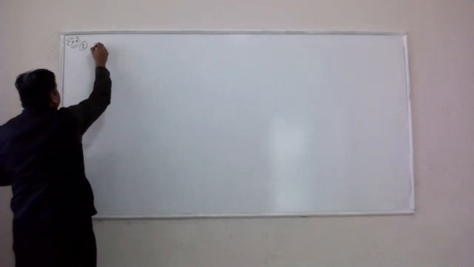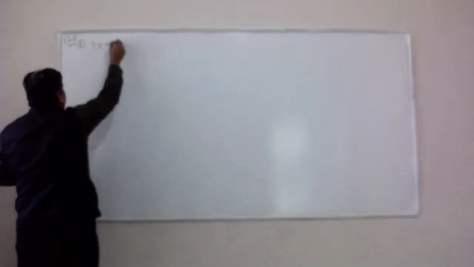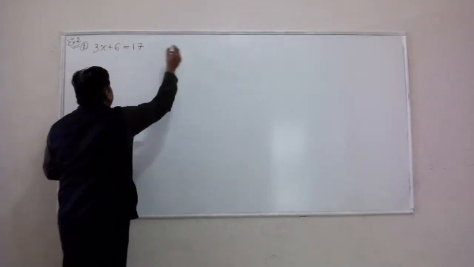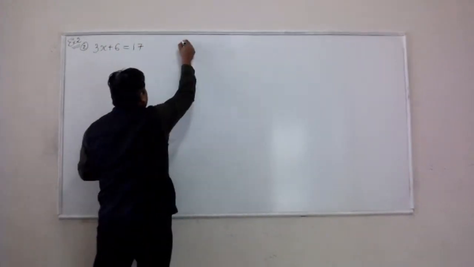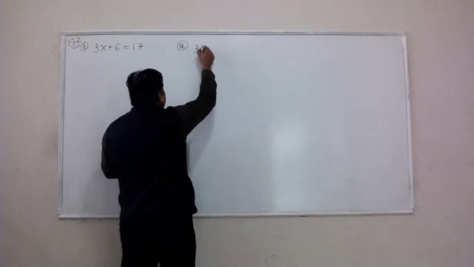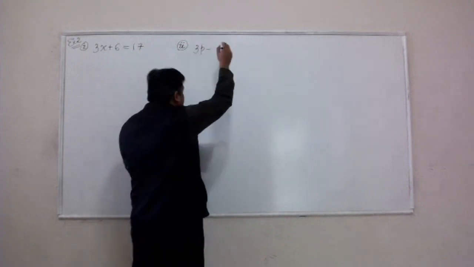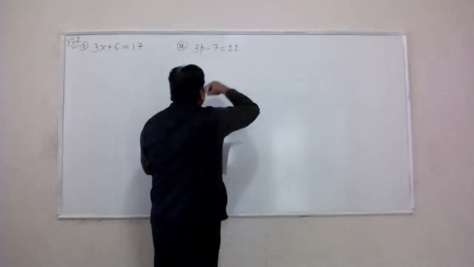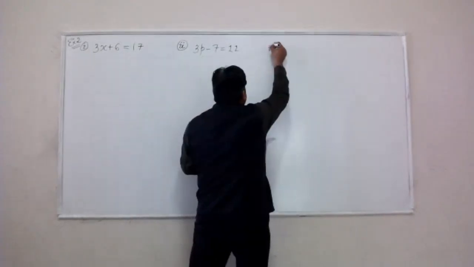We would like to solve 3x plus 6 equal to 17 for variable x. Here is the second sub-problem: 3p minus 7 equal to 11. We would like to solve this linear equation for variable p.